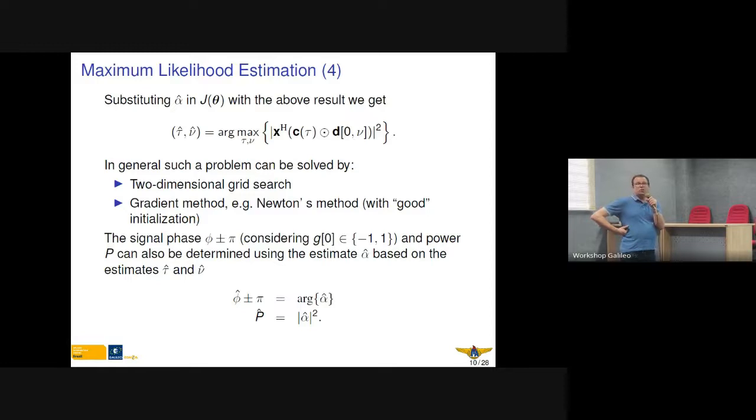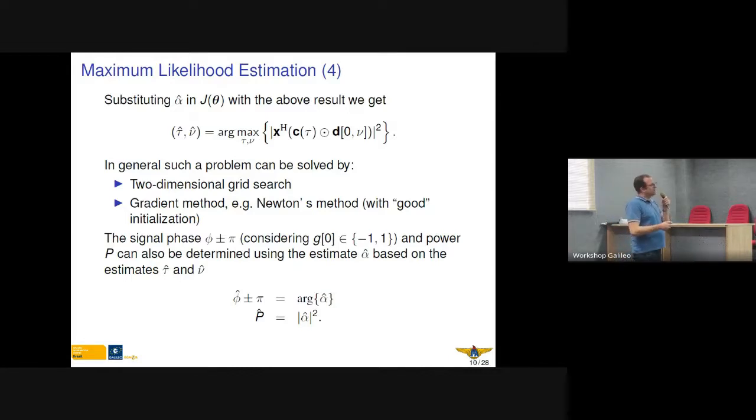So around the global optimum, the problem is concave. So we could use an iterative method, but we have to initialize the estimate close to the global optimum. If we do that, then we can find the global optimum by a gradient method.